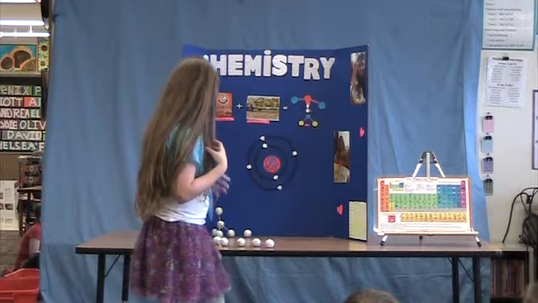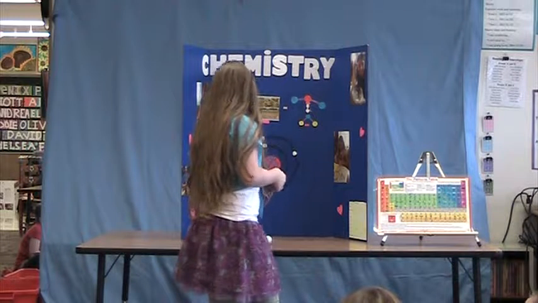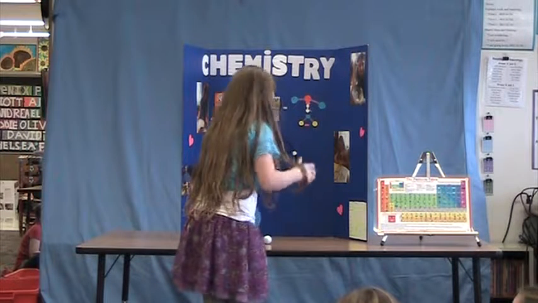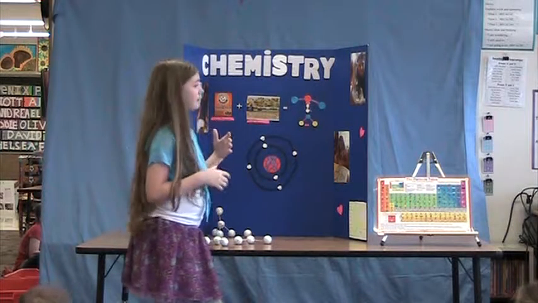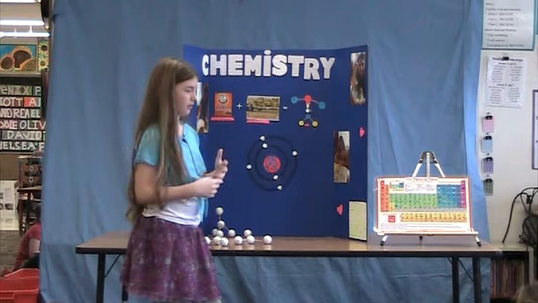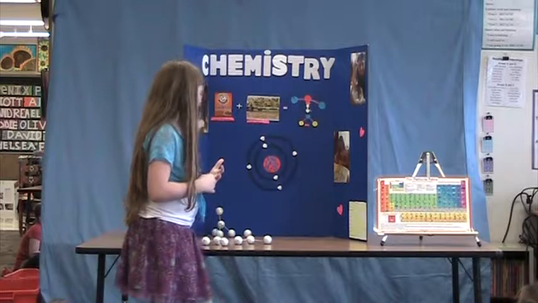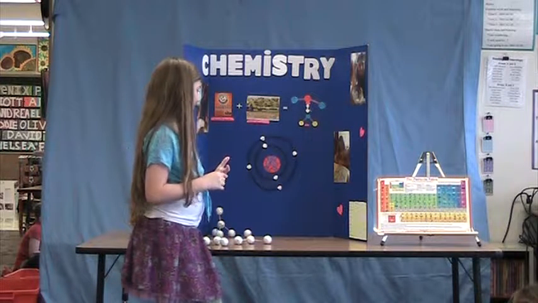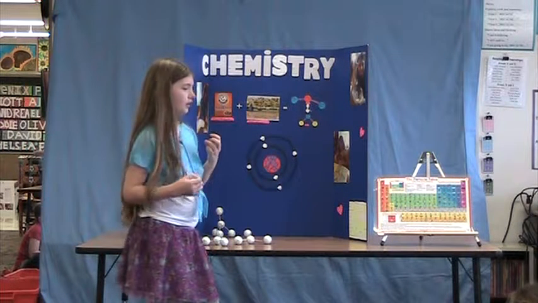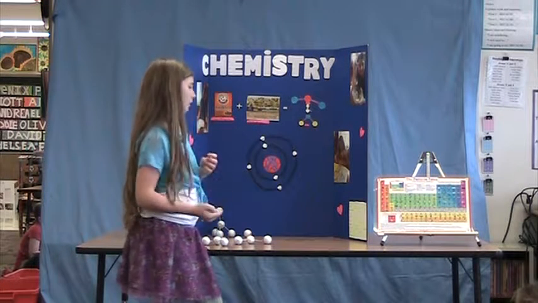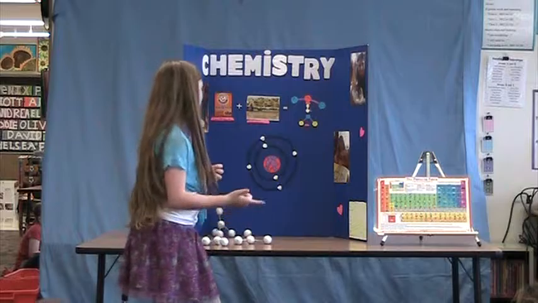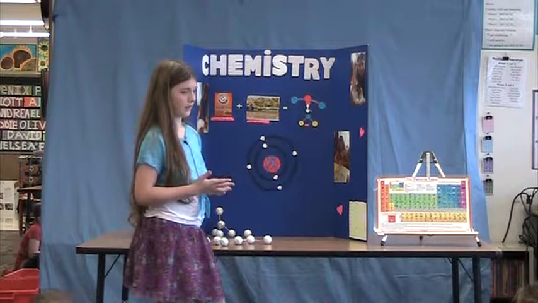So basically, as a review, chemistry is the study of matter. Matter is basically the stuff that makes up the universe. And atoms are the building blocks of the universe. The things inside of an atom are the nucleus, protons, neutrons, electron cloud, and the electrons.